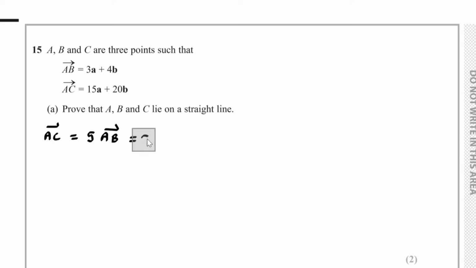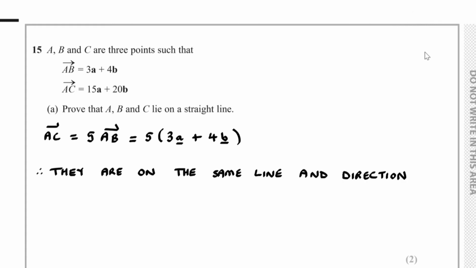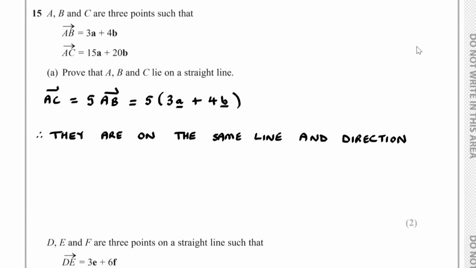So we have 5 multiplied by 3a plus 4b for the vector AC. And so they are in the same line and direction.